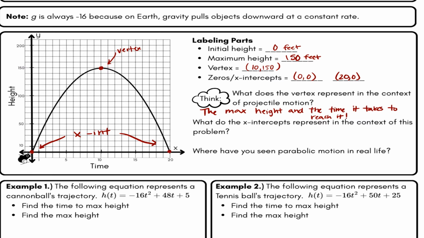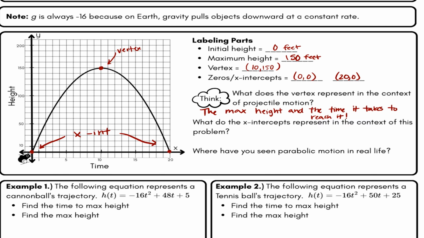What do the x-intercepts represent in the context of this problem? So when we look at our graph and we imagine a cannonball getting launched into the sky and then hitting the ground, right? It goes all the way up, and then gravity starts to bring it down, right? So we would call that the starting point, the launch point.